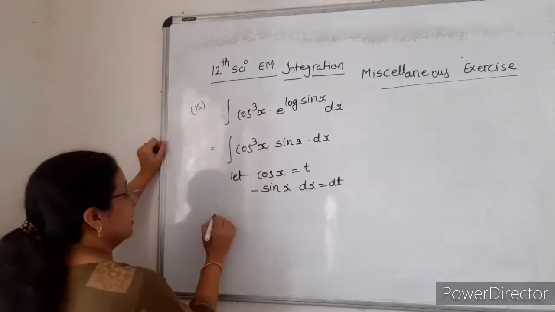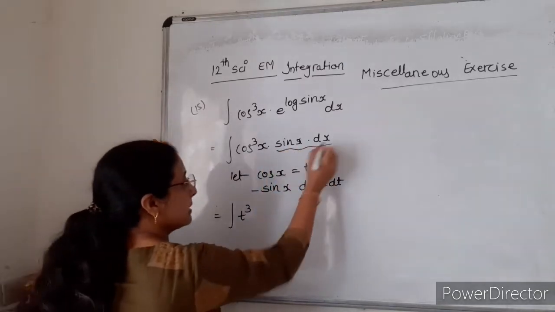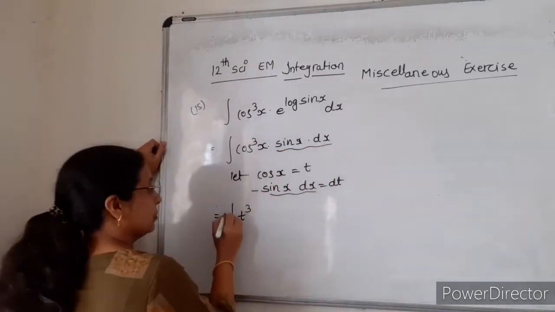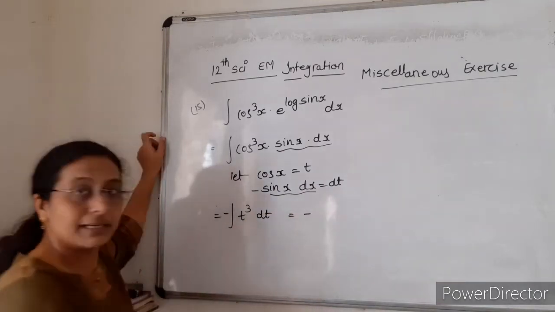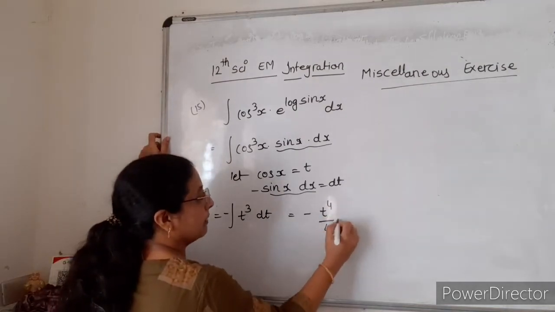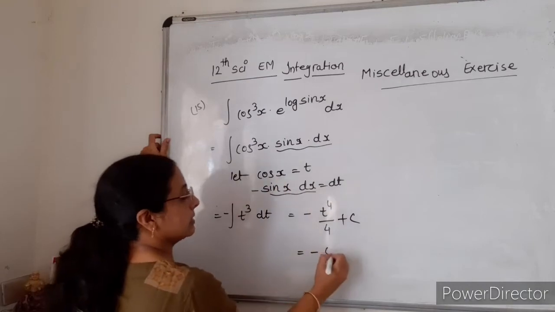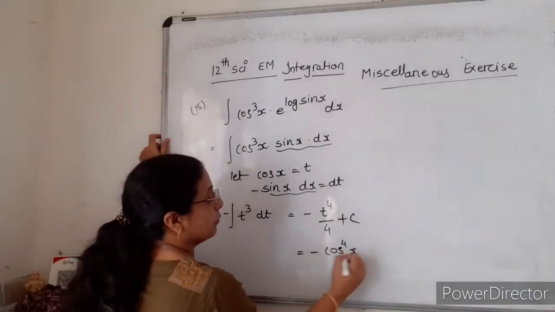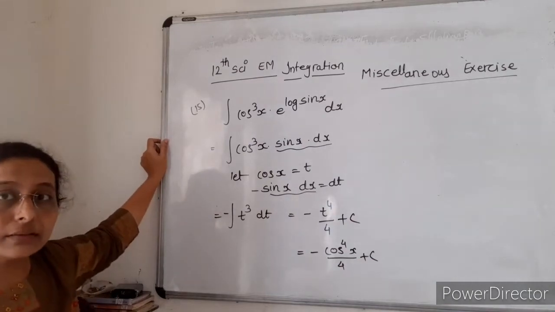And then replace it here. t cube, this is sin x dx, so it is minus dt. Minus the integration of t cube, that is t raised to 4 by 4 plus c. Minus t is cos raised to 4 x by 4 plus c is our final answer, right?